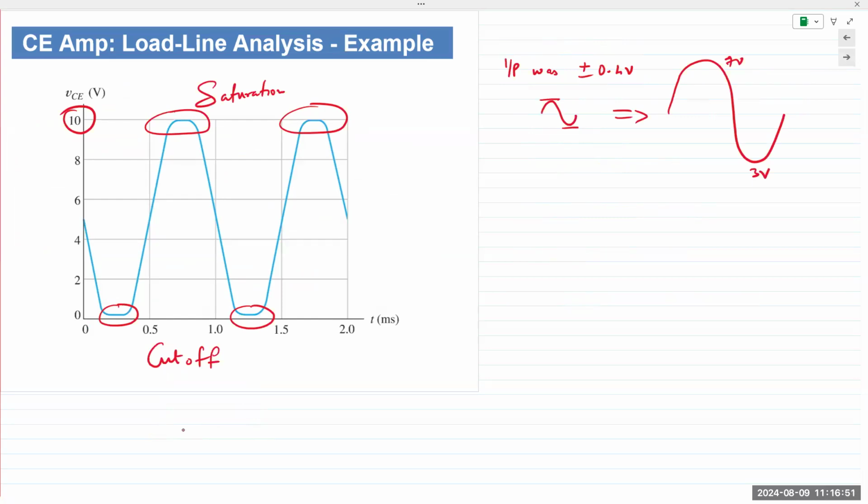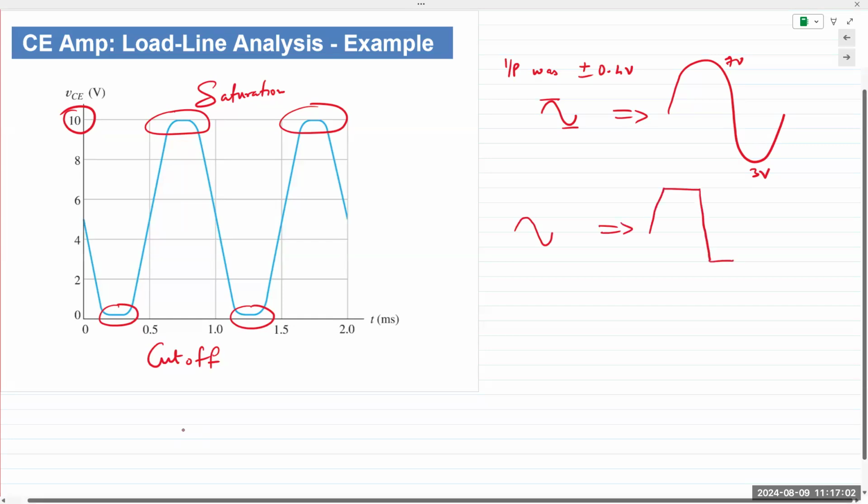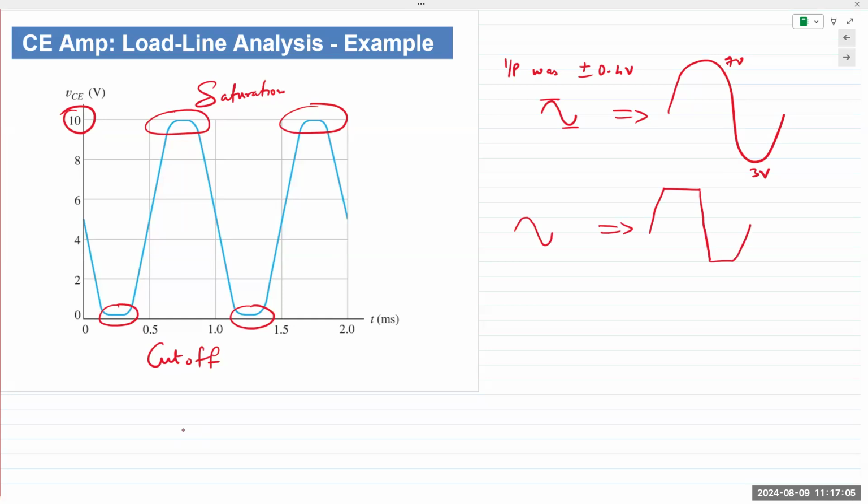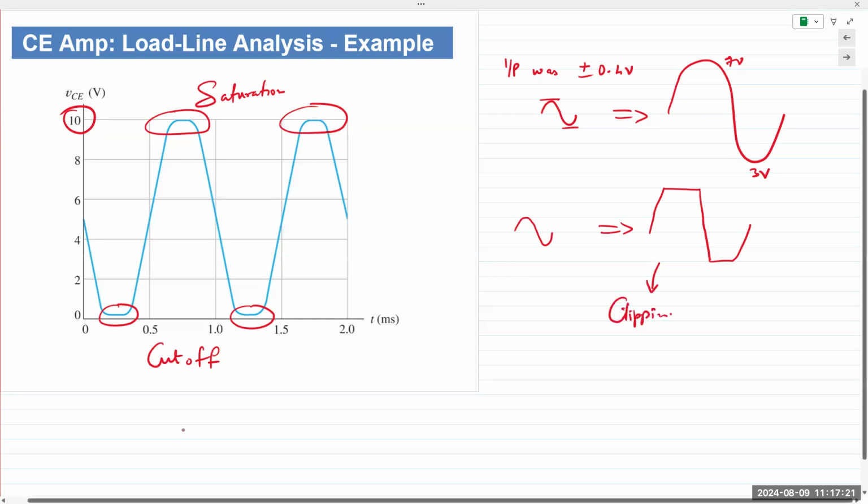And this, if this is your input and your output is like this, what is happening? It's chopping the top and the bottom of those signals. It's clipping. In real amplifier terms, we call this distortion, which you would have experienced at least once in your life.